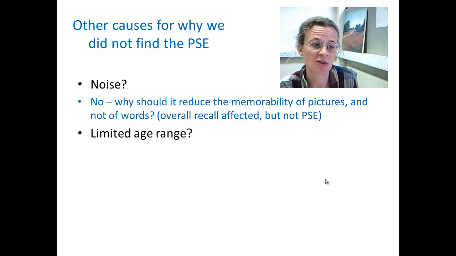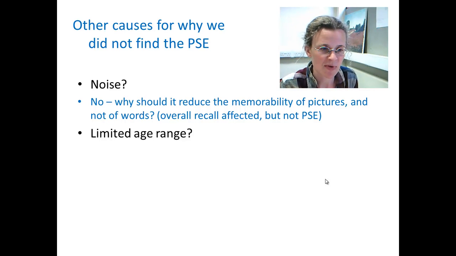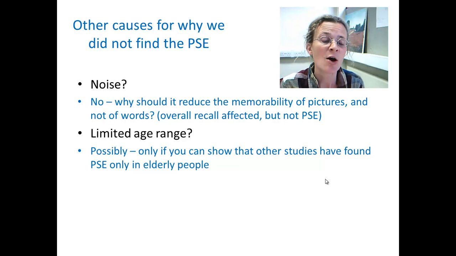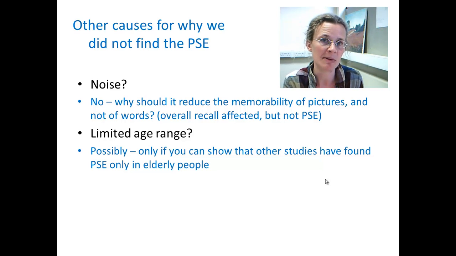Some of you mentioned quite a limited age range. You're all, with 1 participant excepted, between sort of 18 and 22, thereabouts. Could that have caused the reduction in PSE? Possibly, but only if you can actually show that there are some other studies that have found it only in elderly people.